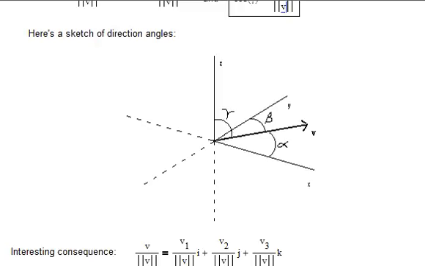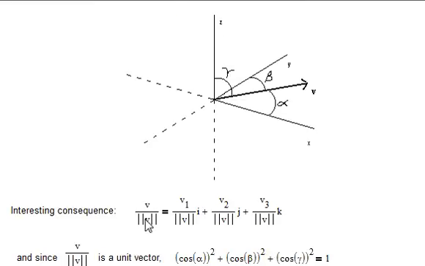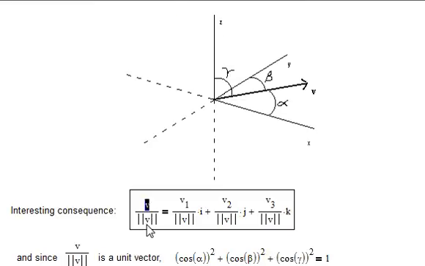So an interesting consequence is that v divided by the length of v, in other words a unit vector in the v direction, is going to be v1 over the length of v times i plus v2 over the length of v times j plus v3 over the length of v times k. If you think about that, that's very logical.